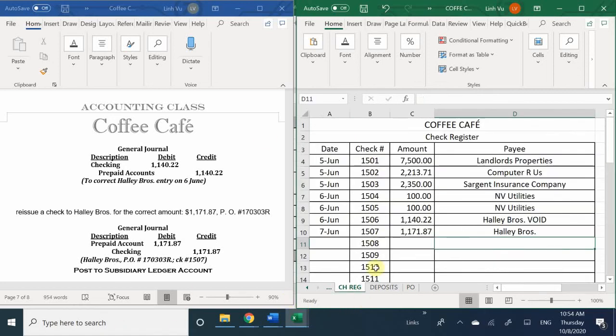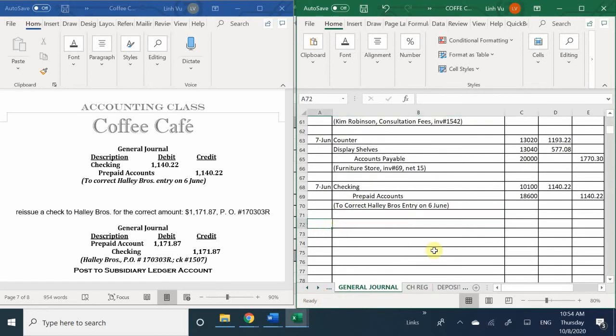Okay? And then now I can go back to my journal and place in the brand new piece of information, which in this case, I'm going to be debiting my prepaid accounts. I'm going to be crediting my checking because I wrote a new check. So 18,600 with 10,100 for the correct amount of 1171.87.